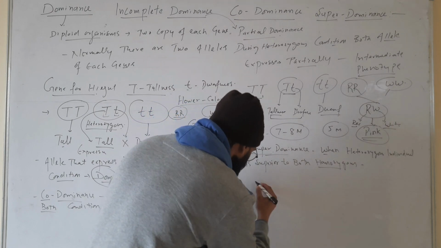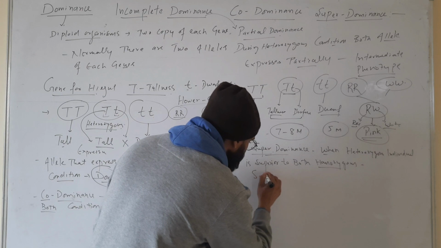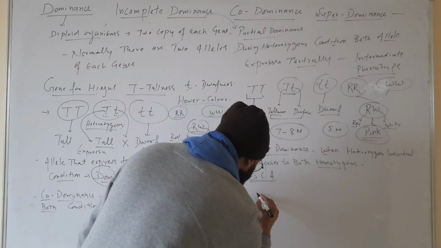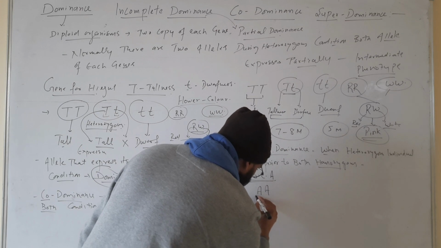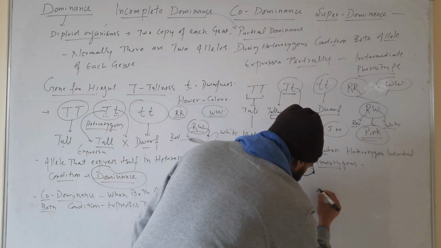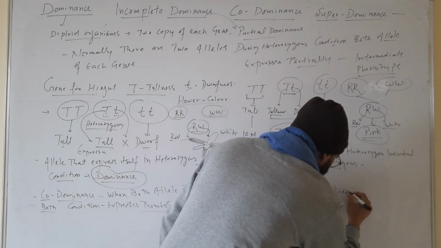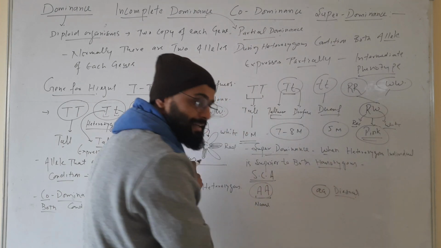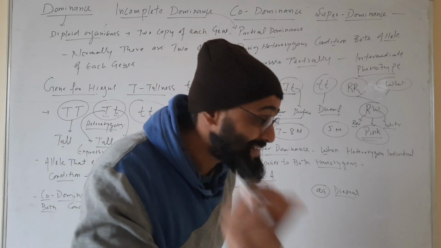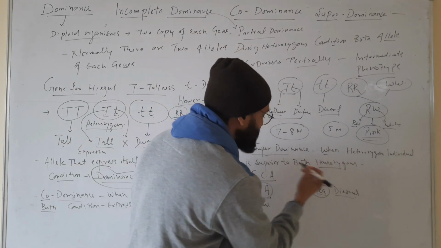For example, the example of this is sickle cell anemia. In sickle cell anemia, we have three conditions. Capital A capital A, that person is normal. Small a small a, that is diseased with sickle cell anemia, because sickle cell anemia is caused by a recessive allele or recessive mutation. So when both copies are mutated, then the person will be diseased.